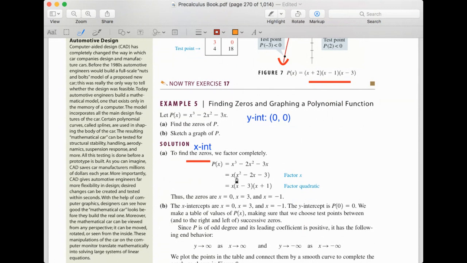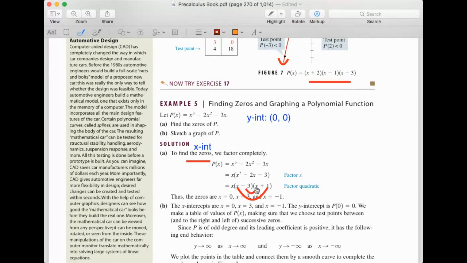Because of the middle term, you see x times x gives us the first term. Negative 3 times positive 1 gives us the last term. How do we get the middle term? Think about multiplying these: x with x gives the first term, negative 3 with 1 gives the last term, and the middle one comes from this smile.